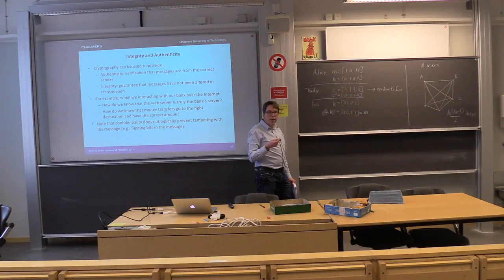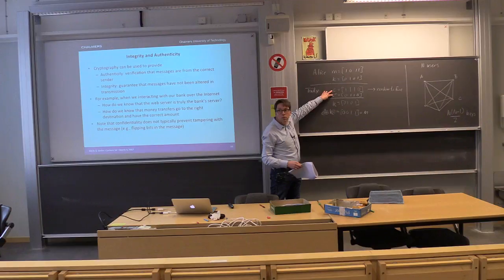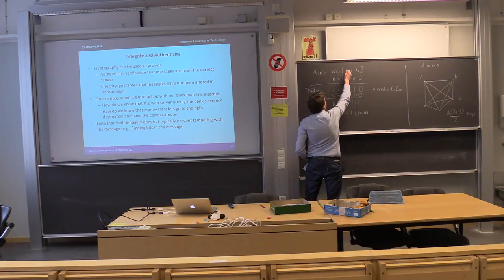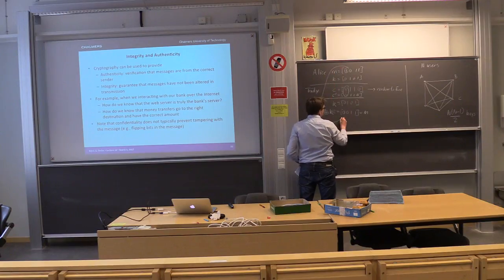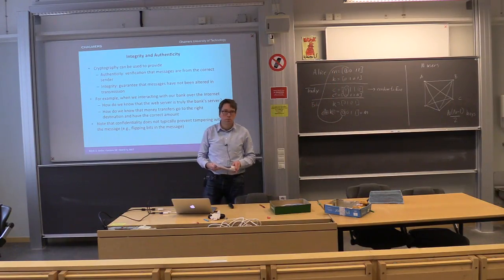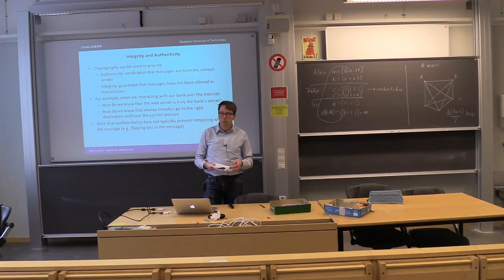So Trudy is able to flip a bit in the plaintext without knowing the plaintext by manipulating the ciphertext. Okay, so flipping this bit flips this bit. Not good, right? So confidentiality is not good enough for this.